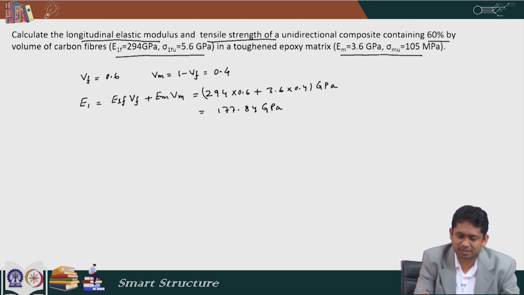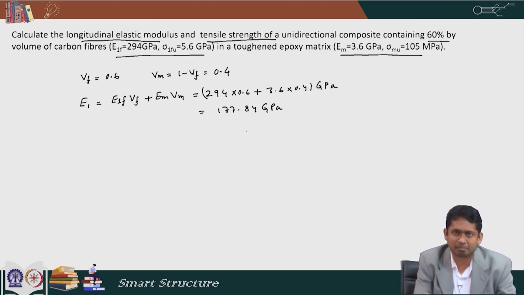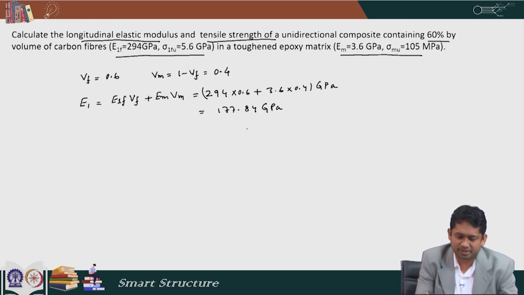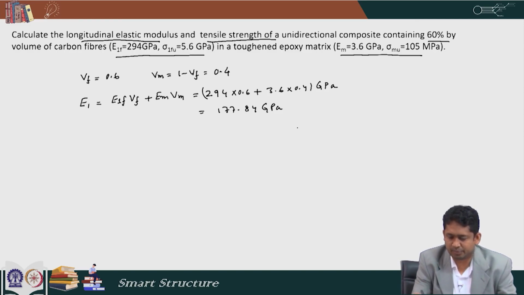Now, we have to find the tensile strength, which means the stress this ply can bear. If we keep increasing the stress, as we looked at before, suppose there is fiber and matrix, the strain remains the same for both fiber and matrix, and accordingly, based on their elastic moduli, they are stressed.